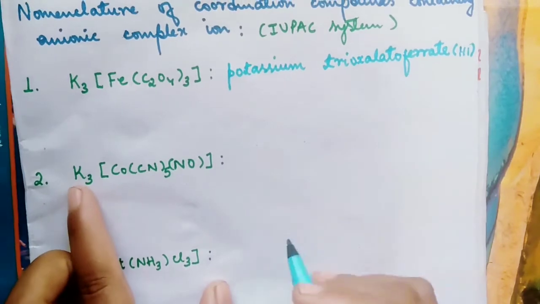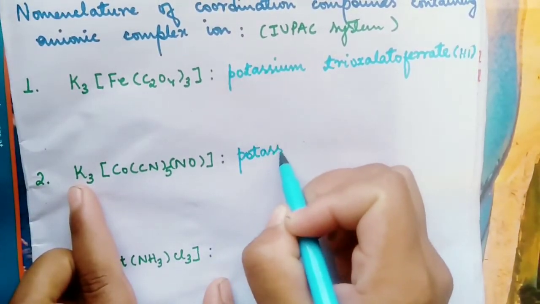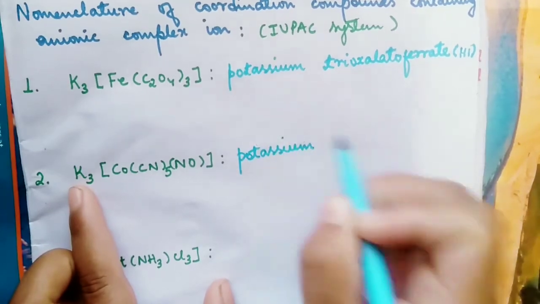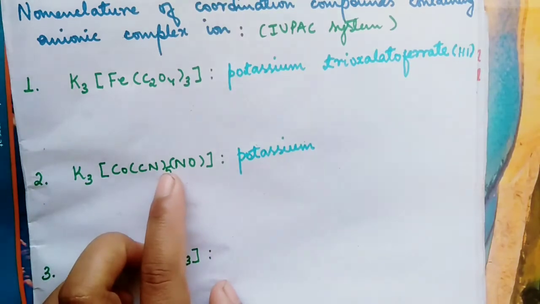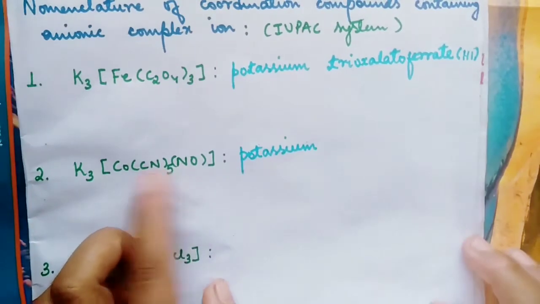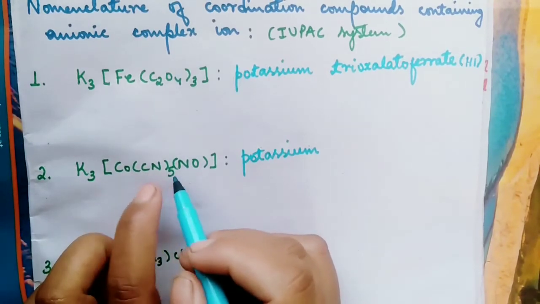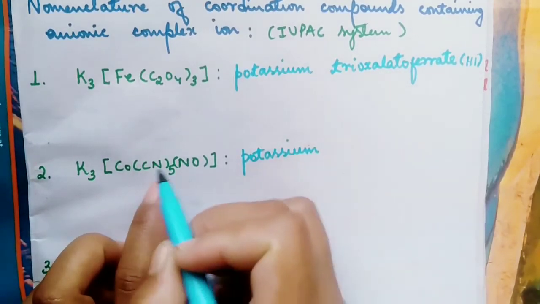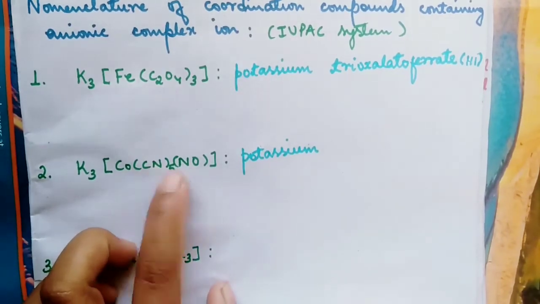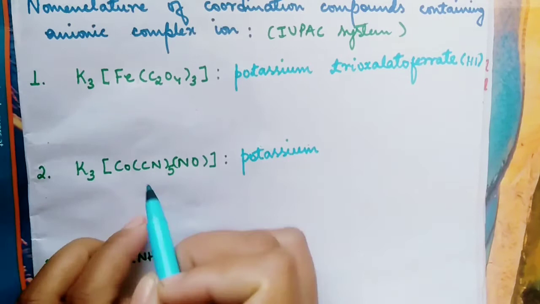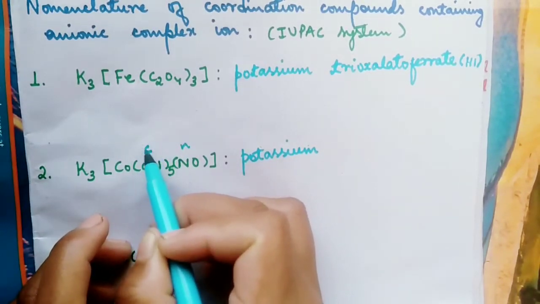The same thing, counter ion, potassium, leave some space, and then we come to the ligands. Here there are two ligands, so you have to know how to name. You have to name in alphabetical order. This one is cyano, and this one is your nitrosyl. Cyano and nitrosyl. So the letter C comes first, right?